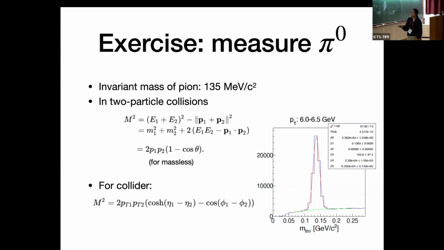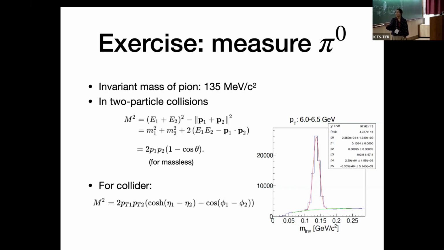So if this is not around 135, then you can use it for calibration, as I mentioned before. It's very common to use the pion as your energy calibrator. If you have a calorimeter, then you can use the pion to calibrate constants for the energy, like the gain constant and so on.